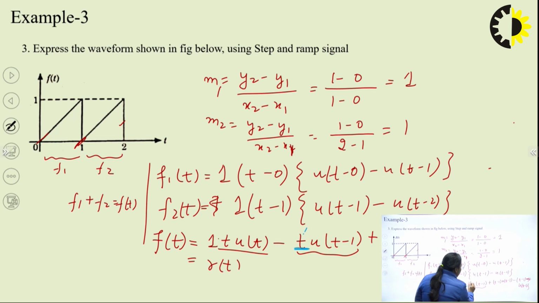So I will change it here to t minus 1 plus 1, and by taking t minus 1 into u(t minus 1) I can write it as minus of r(t minus 1).